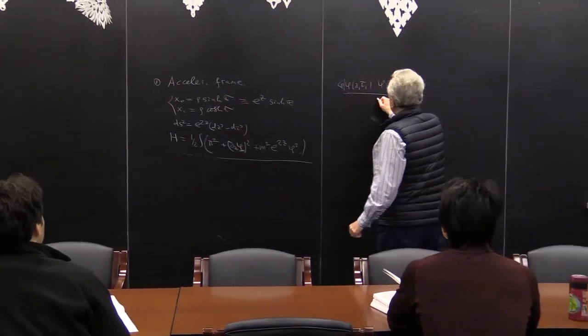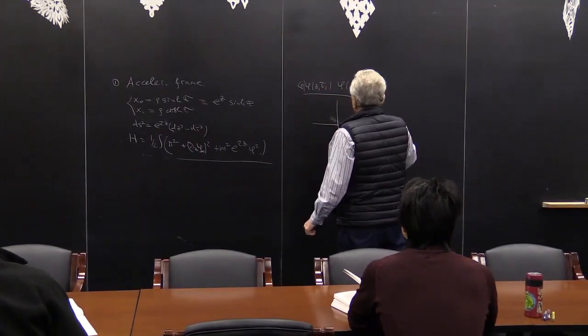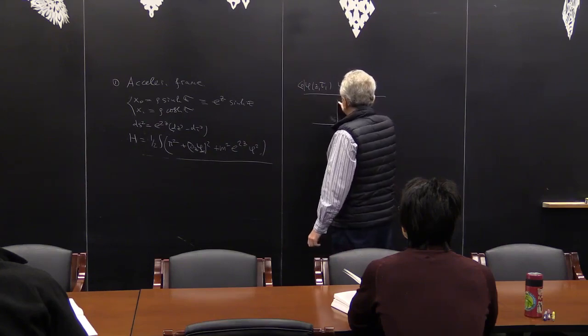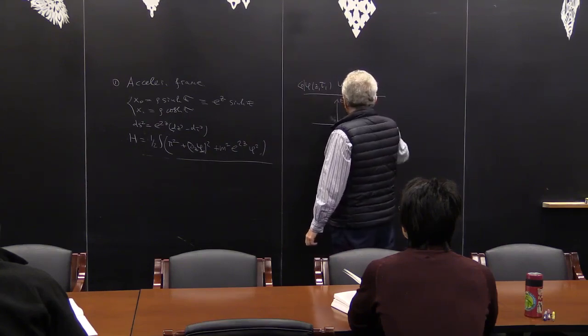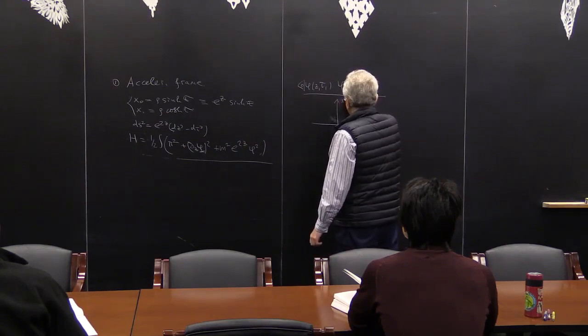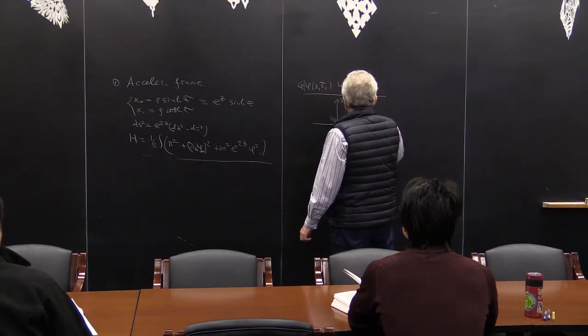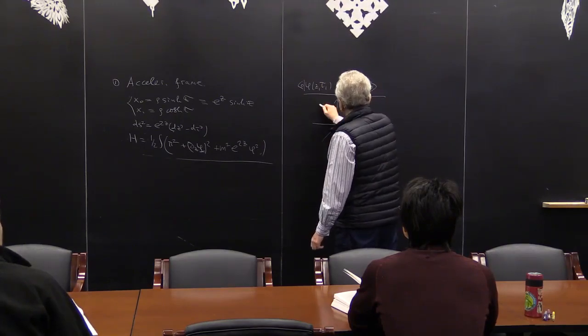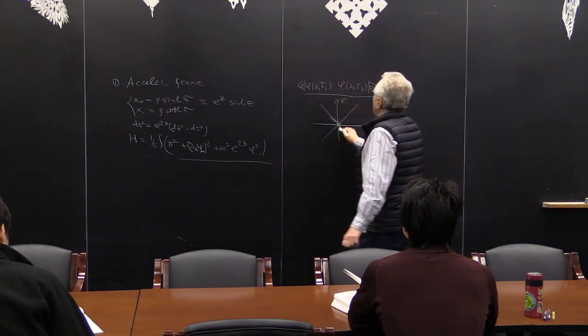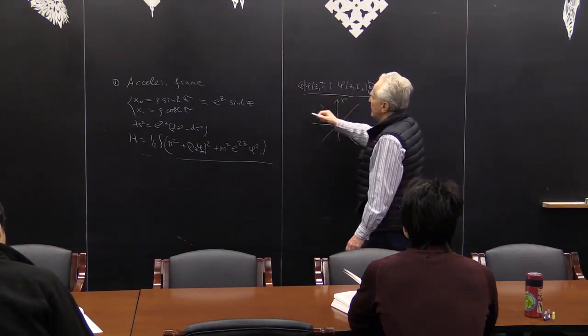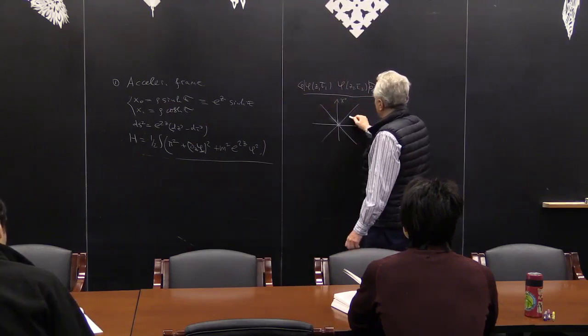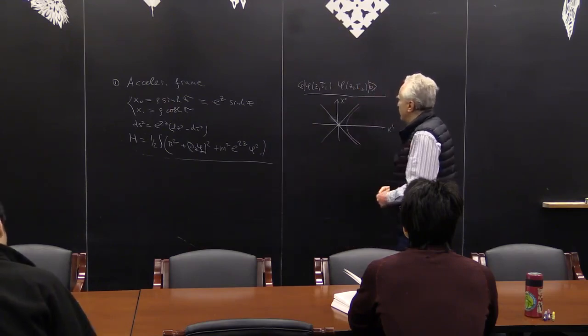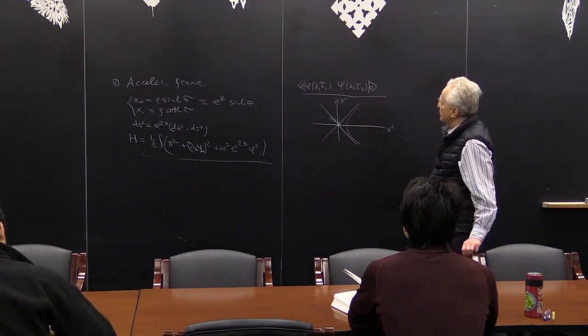So what I'm saying is that we have the coordinates, say this is x0, this is x1, and we have the light cone. And these observers cover only this part of this diagram.